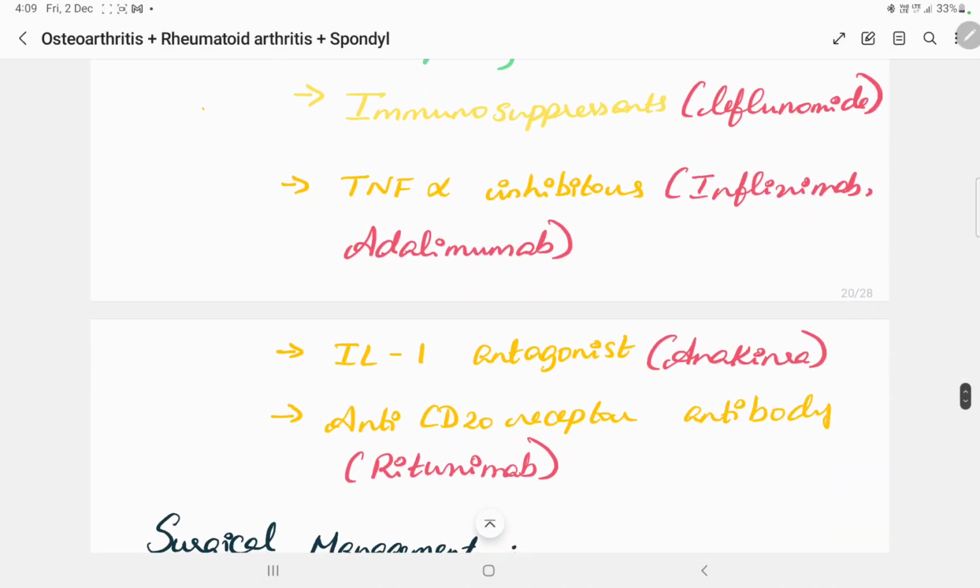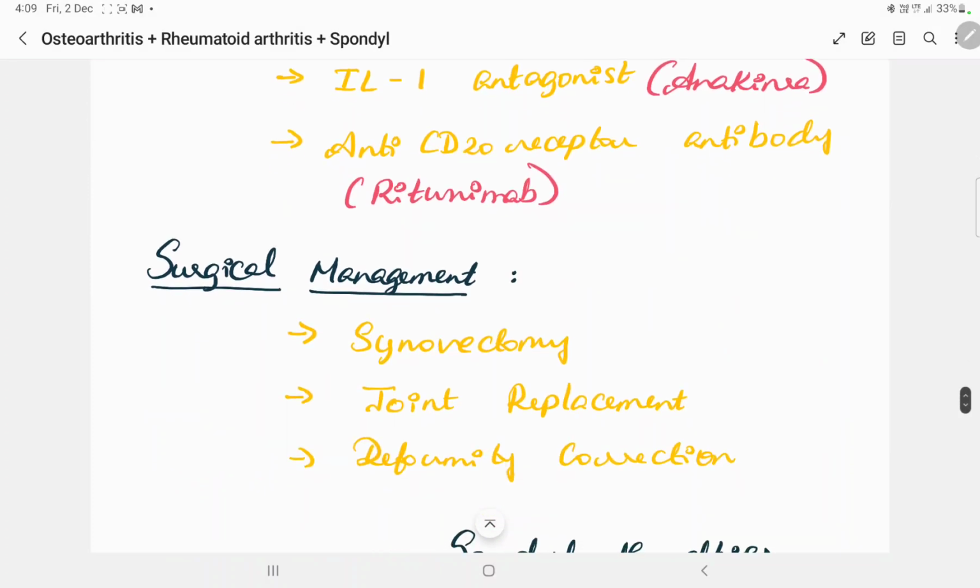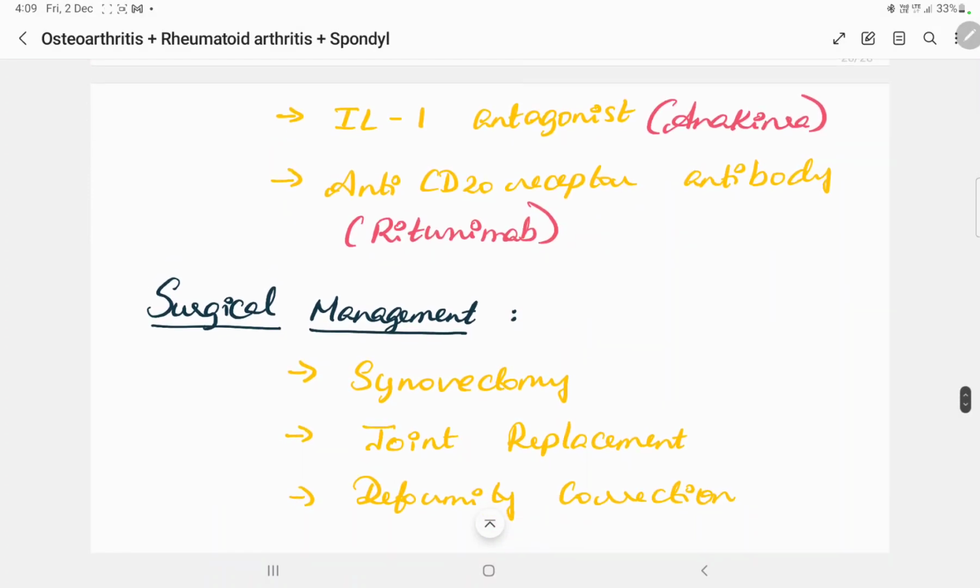Apart from these, the other drugs that we use are immunosuppressants such as leflunomide, and then TNF alpha inhibitors like infliximab and adalimumab, and then interleukin-1 antagonists like anakinra, and anti-CD20 receptor antibodies like rituximab. So surgical management: there is synovectomy, joint replacement can be done, and finally deformity correction can be tried. Thank you.